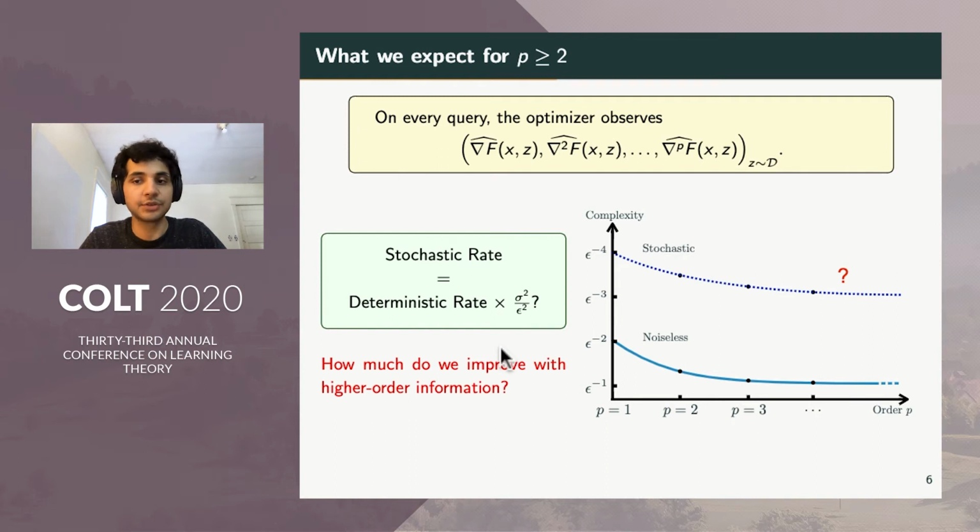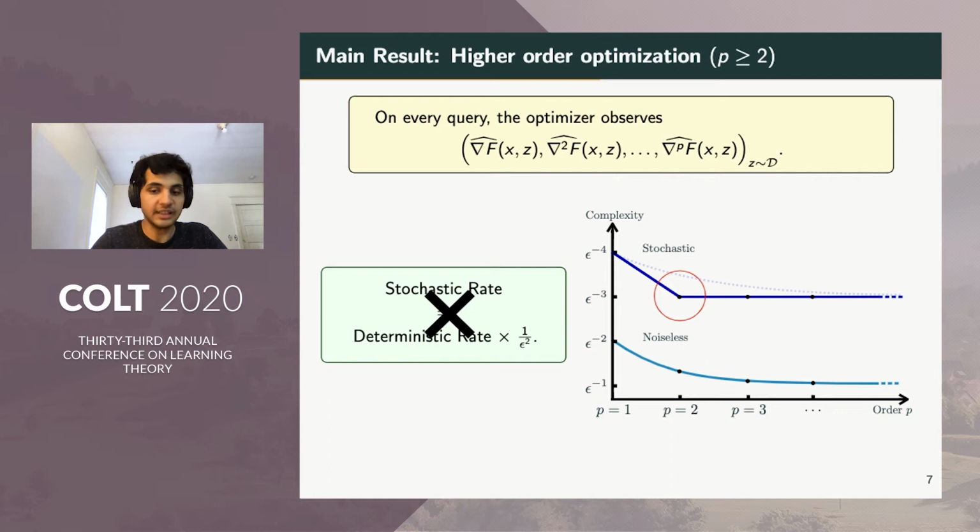Even if that is not true, the main question that we are interested in is to understand how much does higher order information help in the stochastic optimization setting. We fully resolve this question in our work. We show that access to second order information in the stochastic setting improves over the rate of the first order optimization.